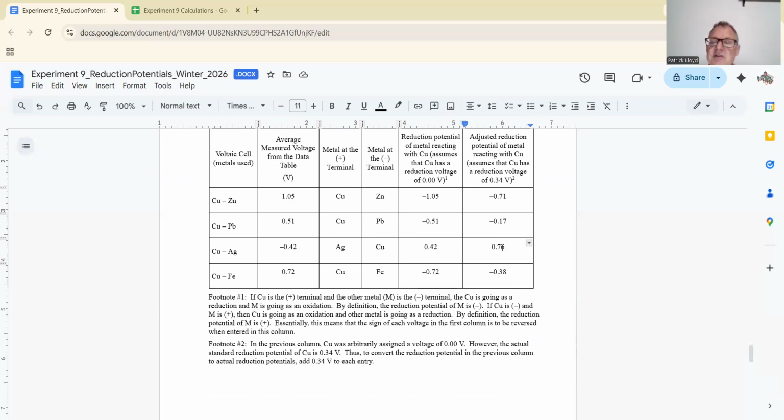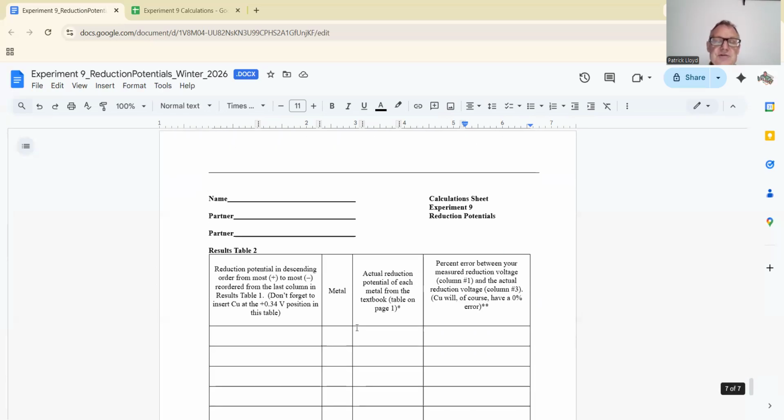I'm going to look for the most positive one. That's right here. That's silver. Silver is 0.76. So Ag, 0.76. Let's do it right here. 0.76 is Ag. And then the actual value is 0.80. That's up in the table.